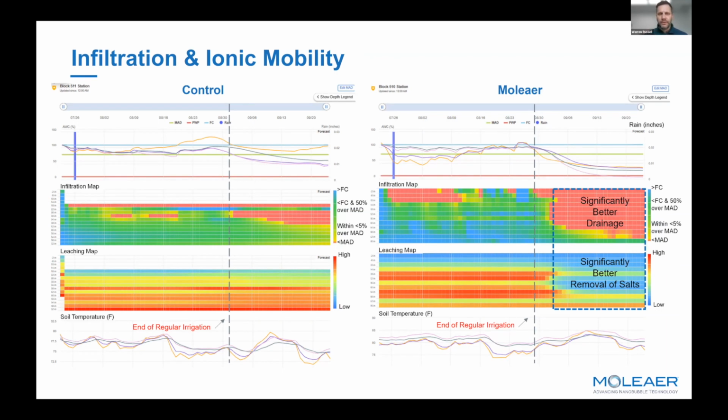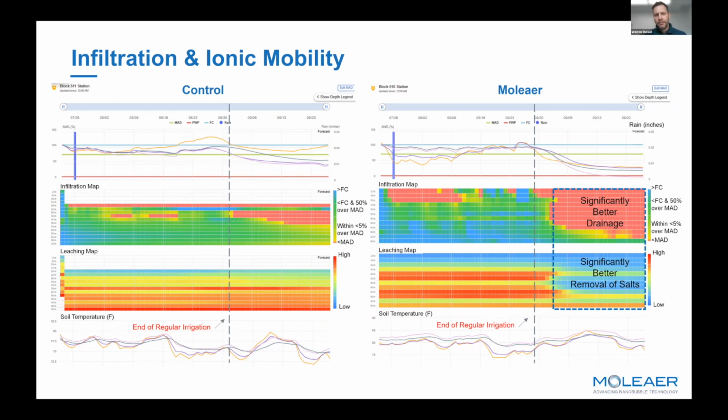And so this is data that we're tracking with soil probes that go down to 46 inches, and we are observing behavior change in the way that water moves through the soil column as a result of the surface tension reduction. And we're also looking at how that improvement in infiltration is changing the behavior of salts that may accumulate in that soil. So when you're looking at these two graphs here, you have a control, two adjacent plots, all fed the same water source and same irrigation frequency and amount.